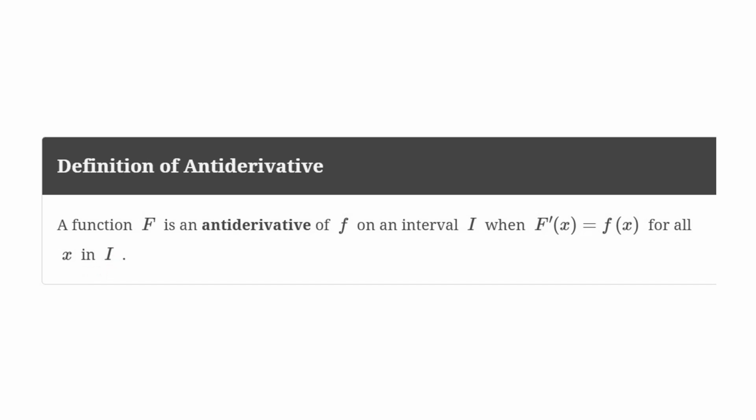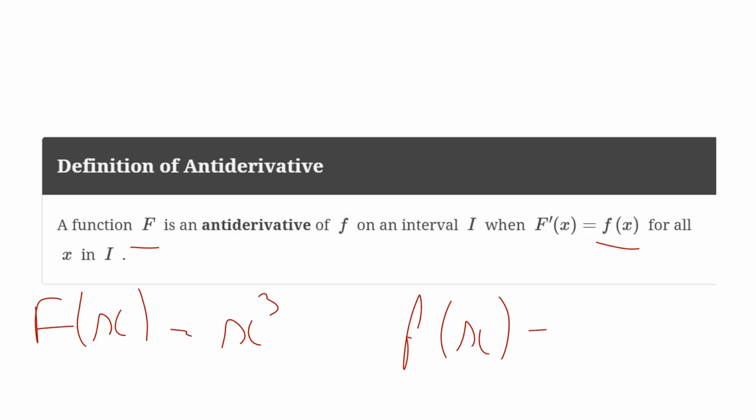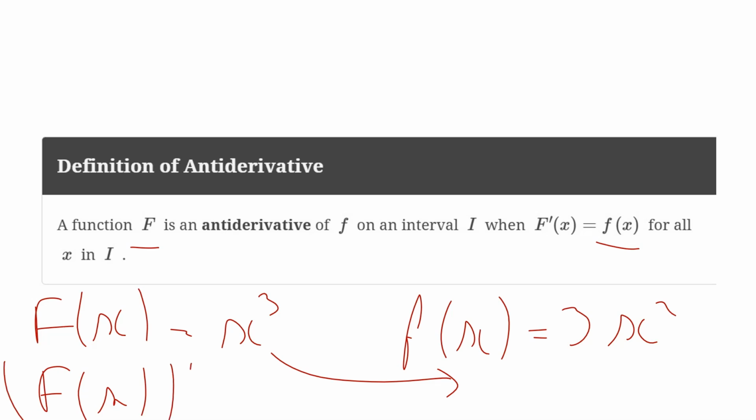This means that, again, the function big F that we had is x cubed. The function small f that we had is 3x squared. So to go from here to here, if we were to differentiate F of x, this will give us 3x squared.